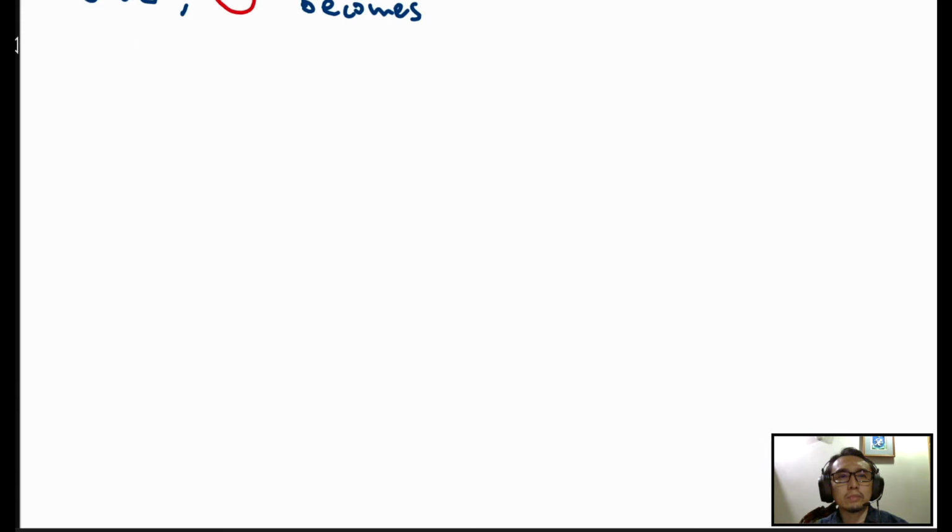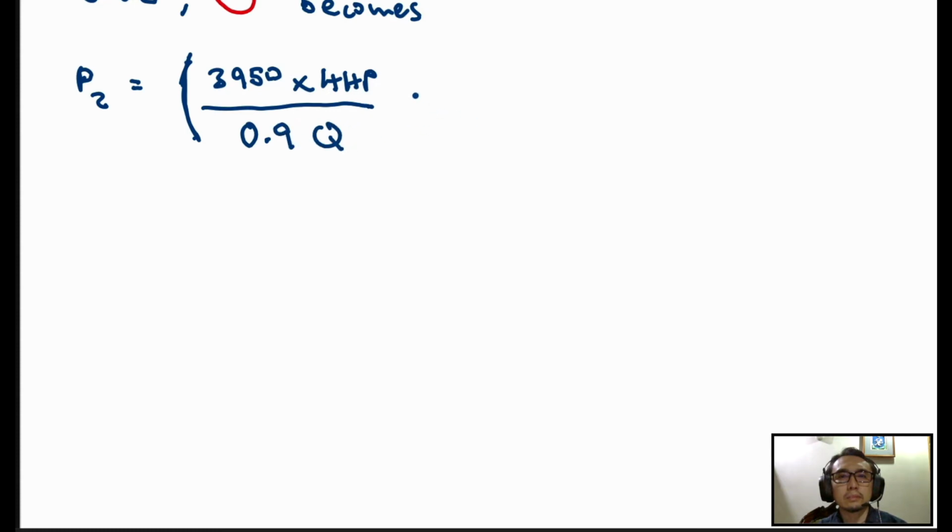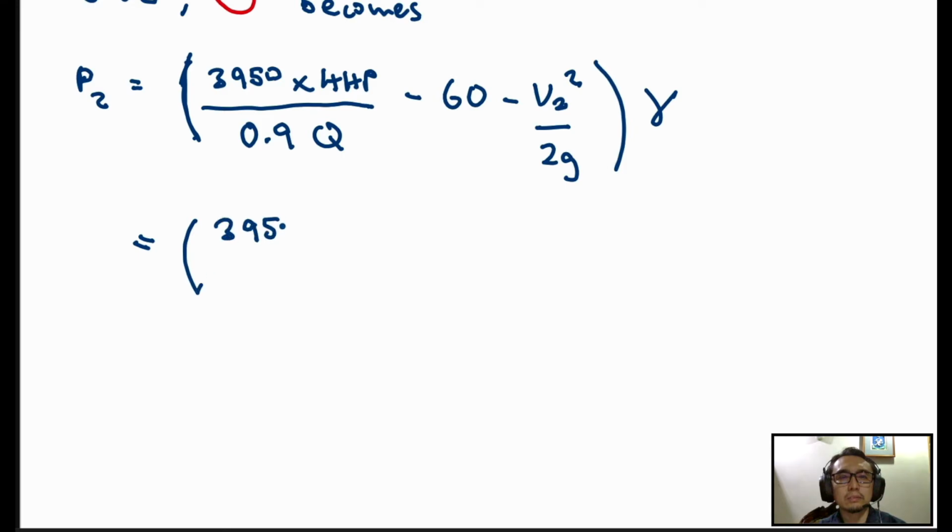So I'm just going to write the required pressure at point 2 equal to the rest of the parameters on the right hand side of the equation. Okay, so let's simplify this further. V2, we have the expression in terms of flow rate.